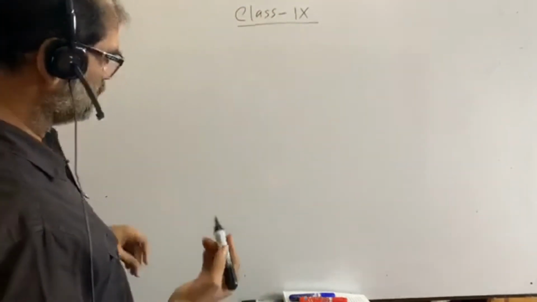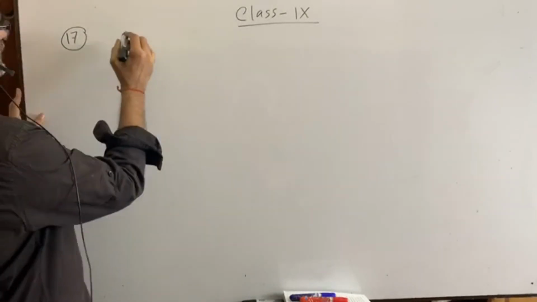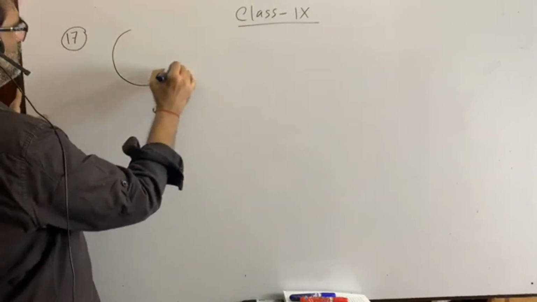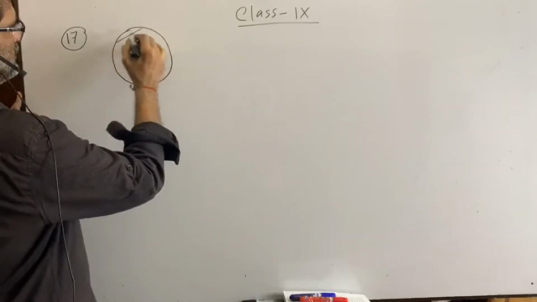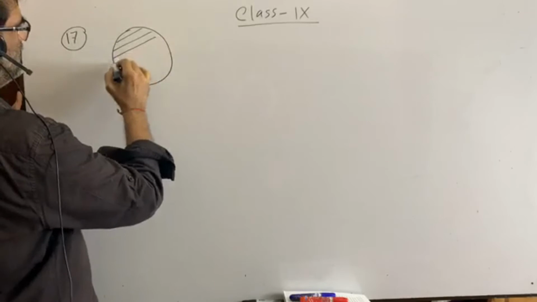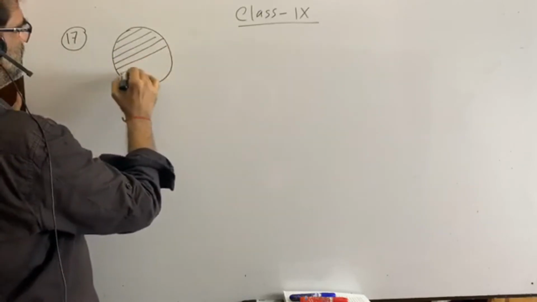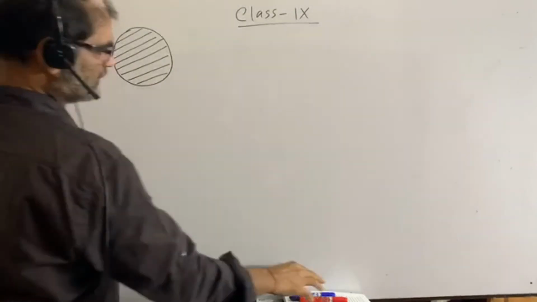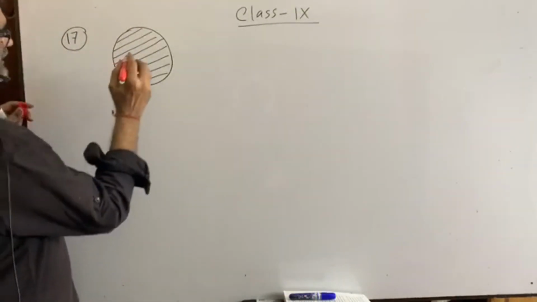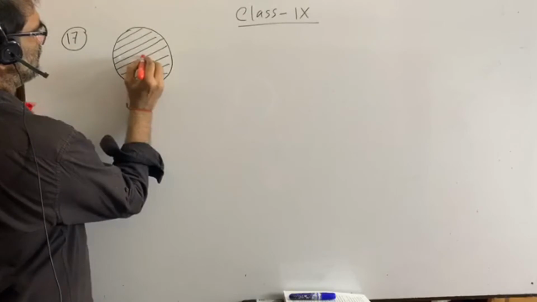You see what I am going to show. A solid sphere. Solid sphere means what? It is filled in, right? A solid sphere. And it is given that its radius, it is the center.